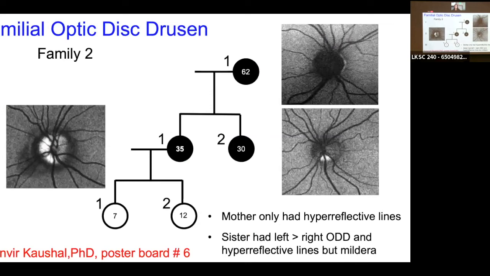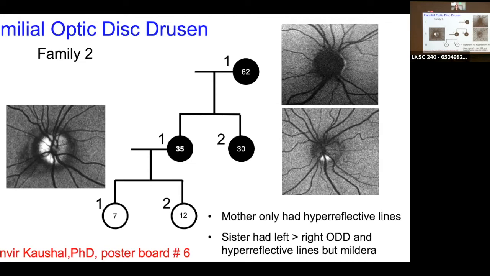This is the family tree for this particular patient. The patient illustrated is in the second generation, patient number 1. Her sister, you can see the autofluorescence imaging to the right. You can see mainly an inferior hyperautofluorescent deposit and a gentle glow to the entire disc.